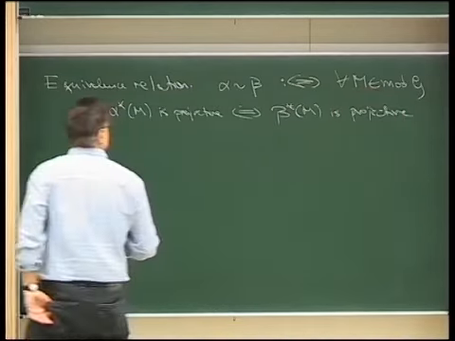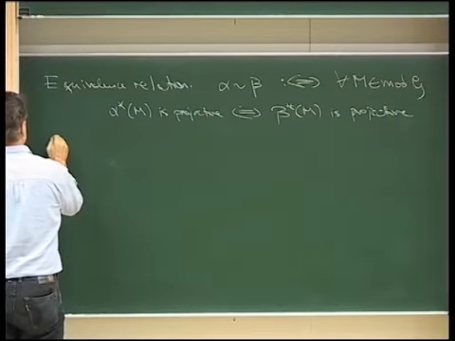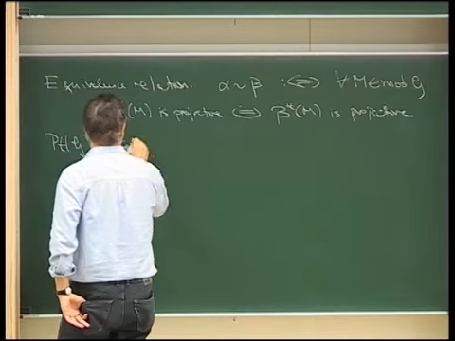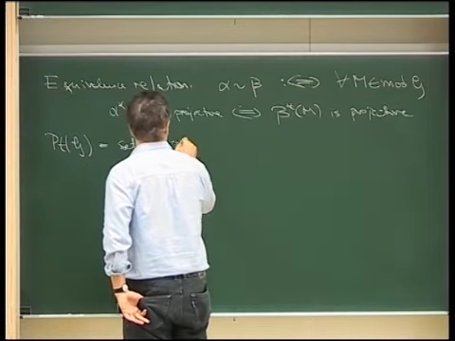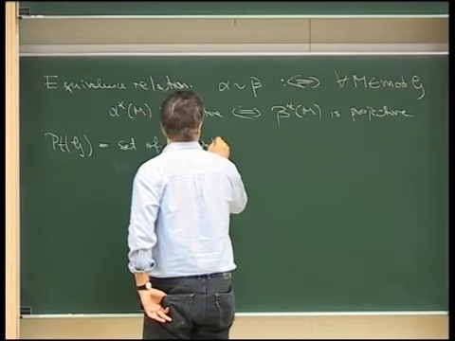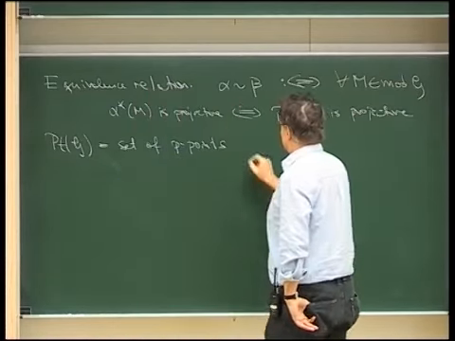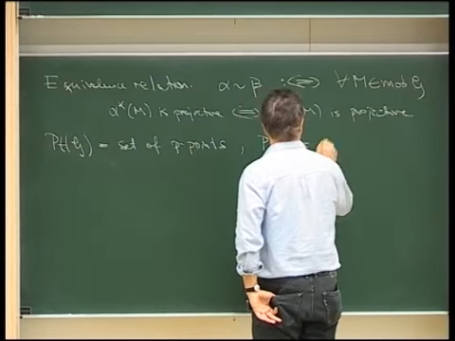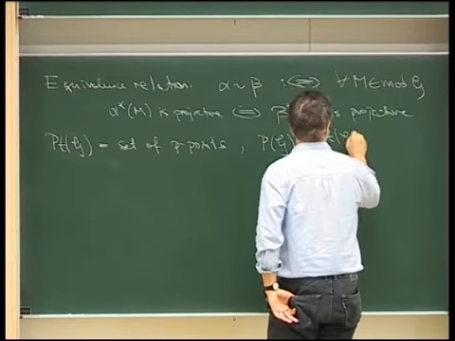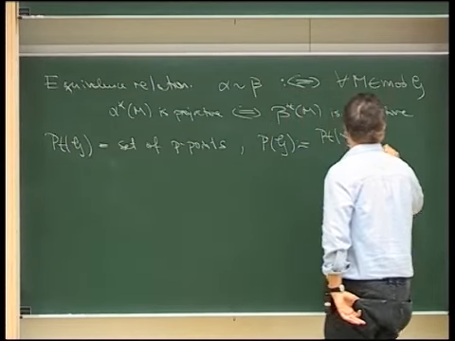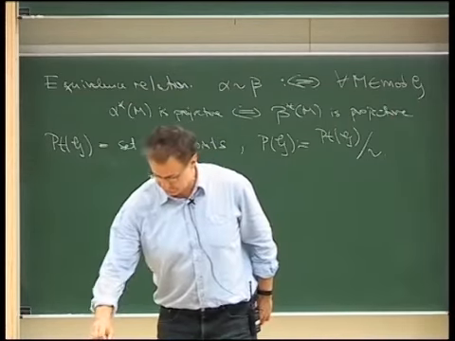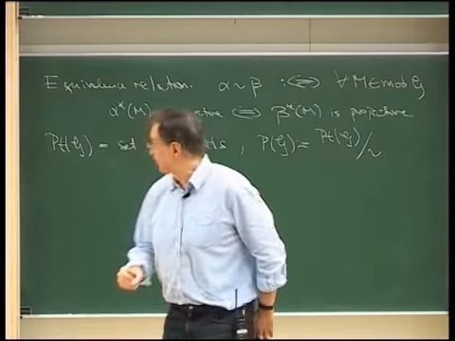Yes, and so we then define point of G to be the set of p-points, and the space of p-points by definition is just the set of equivalence classes. So this definition may look somewhat contrived, so let me make a few comments.